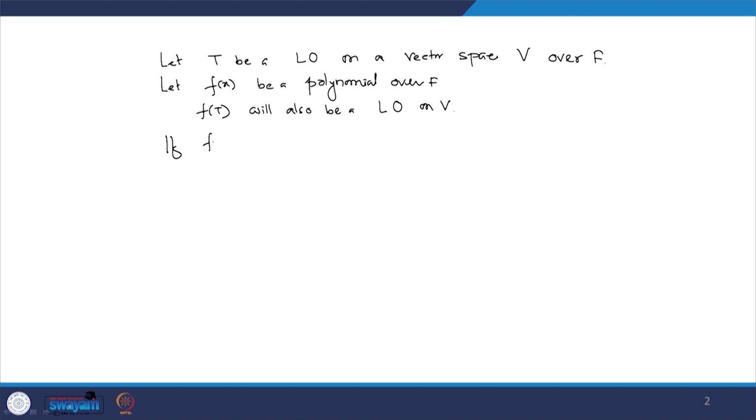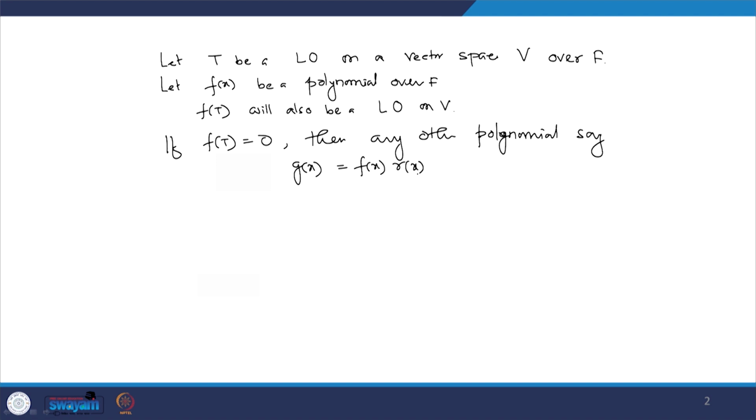If f of T is equal to 0, then any other polynomial, say g(x) equal to f(x) into r(x), then g of T, which one can write as r of T into f of T, is equal to 0 also.